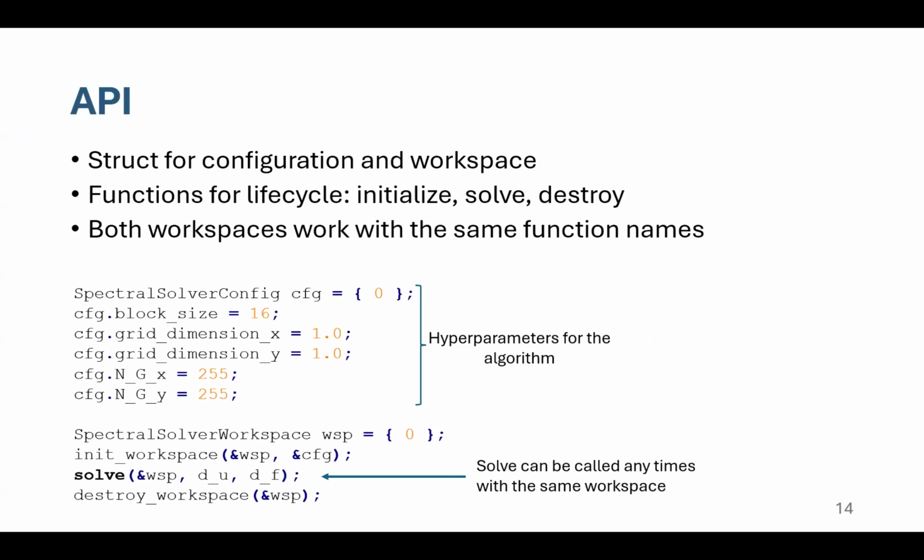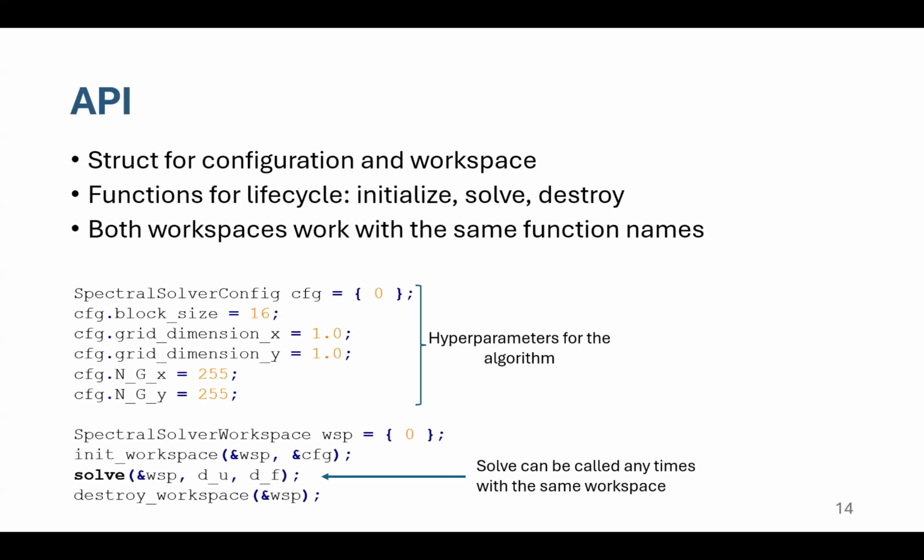A bit about the API for the software people here. We use a predefined kind of configuration structure to describe the hyperparameters of the algorithm, and we also use a workspace structure to manage all the buffers and GPU side resources.